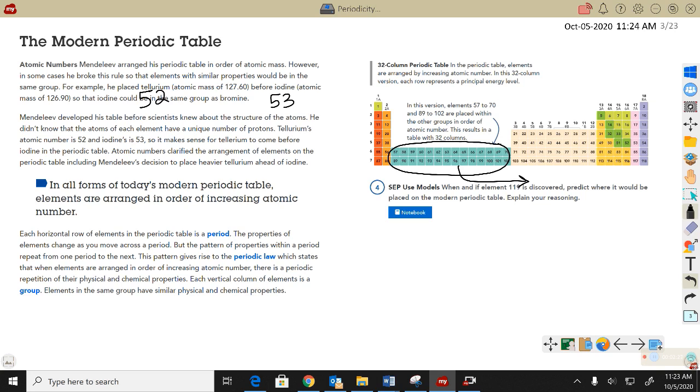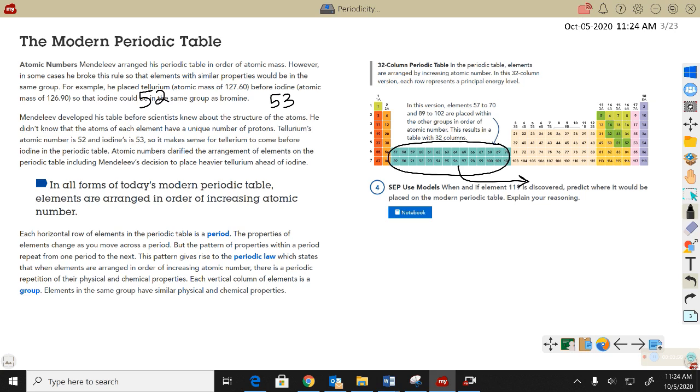And those elements in the F block, eventually we're going to call rare earth metals, and they are very rare, unstable, radioactive, often synthetic, so that they don't really occur in nature. They're formed in a lab, and so often we pull that out. But this is what the periodic table would look like if we had that F block in there, and the atomic numbers increase steadily going across, and we form these groups going up and down, and the groups have elements with similar properties.